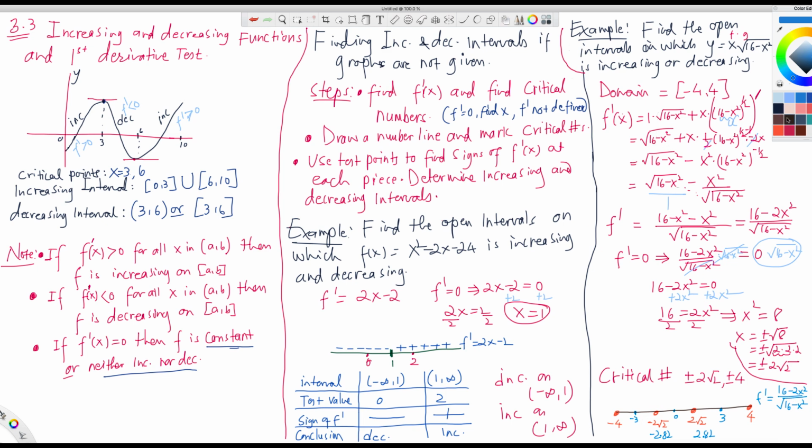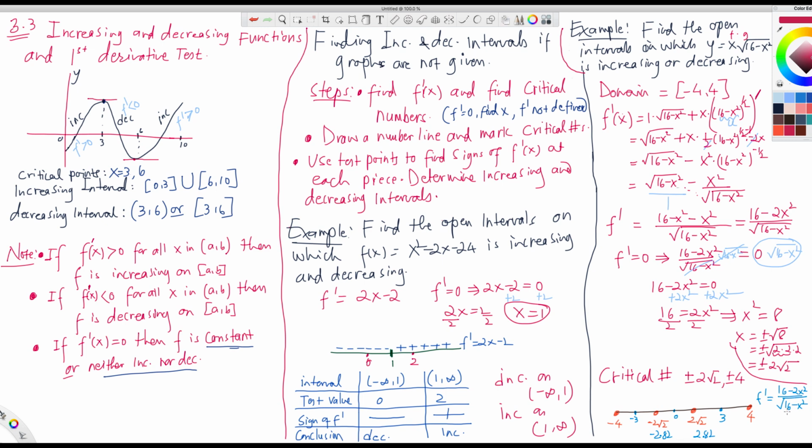If I plug in the test point negative 3, what do I get? It will be 16 minus 2 times negative 3 square. You can use a calculator or just do it by hand, it is not bad. Negative 3 square will be positive 9, right? Positive 9 times 2 will be 18. So 16 minus 18, you will get a negative sign on the top.